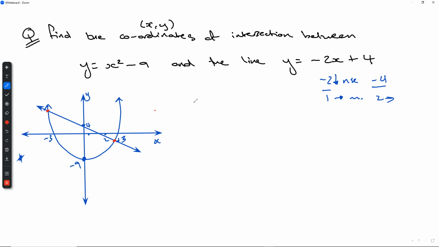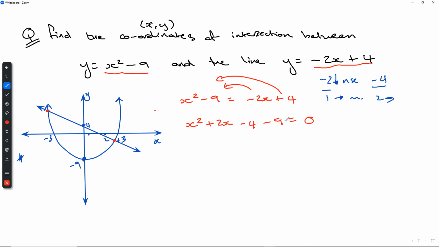Simultaneous equations. Both of these equations are equal to y, which means we can make them equal. We can take x squared minus 9 and make it equal to -2x plus 4. If I bring everything over to the right-hand side, it'll end up as x squared plus 2x minus 4 minus 9 all equals to 0.